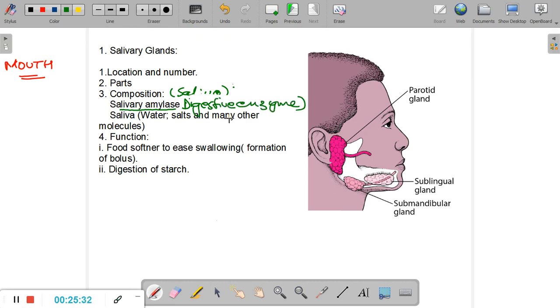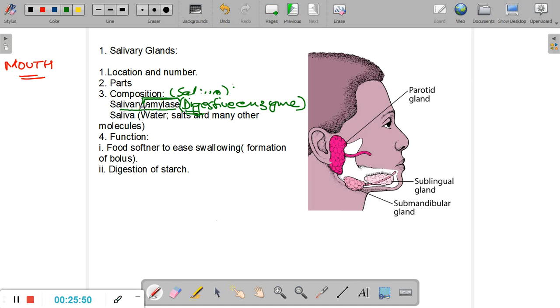Now we've done already what an enzyme is. Enzymes are special proteins that perform special functions. And what function does salivary amylase execute? It digests the food. It performs digestion.